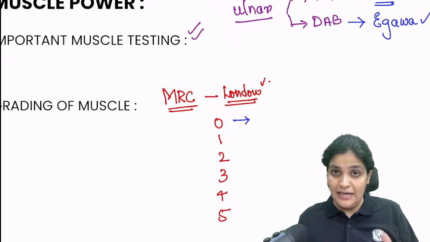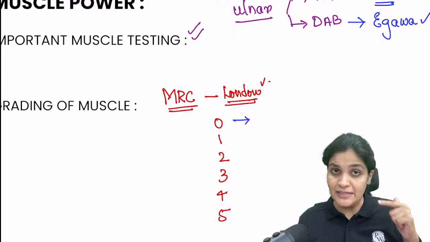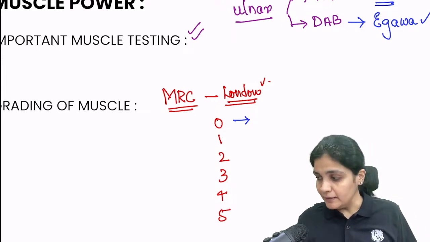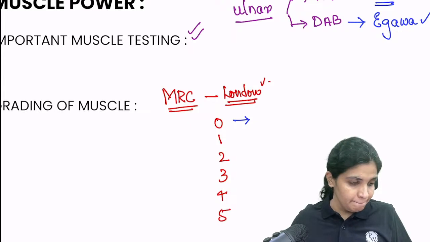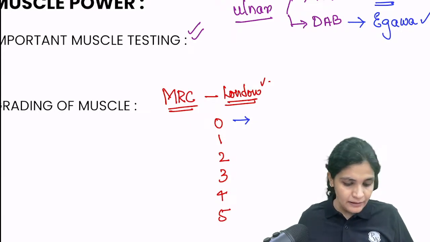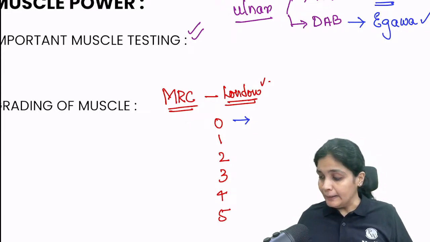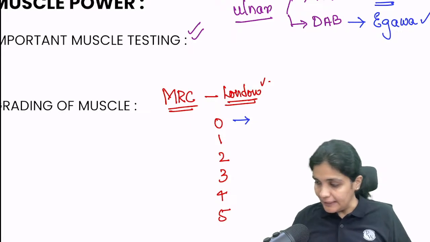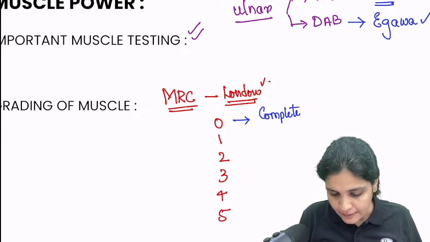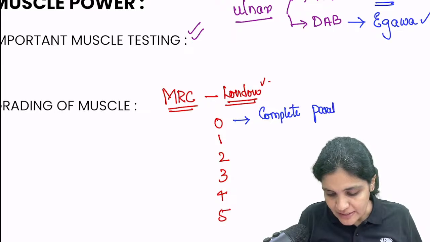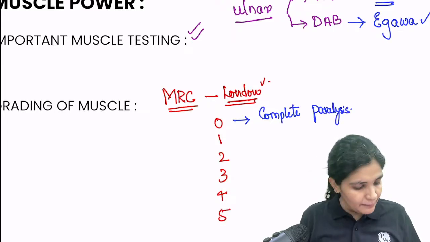They will also ask, what is the grading system you have used? It is MRC. And then 0 is complete paralysis. If there is nothing happening in that muscle, it is called complete paralysis.